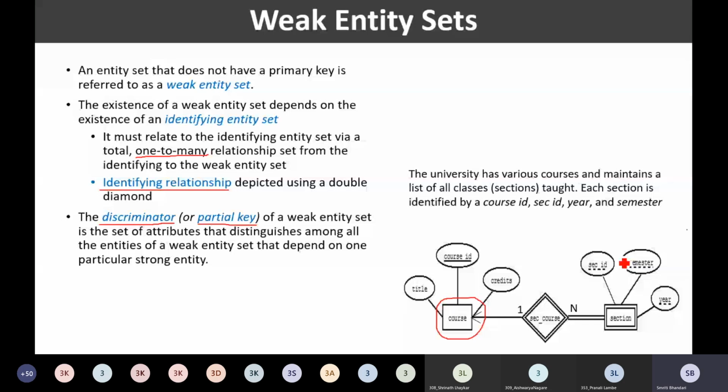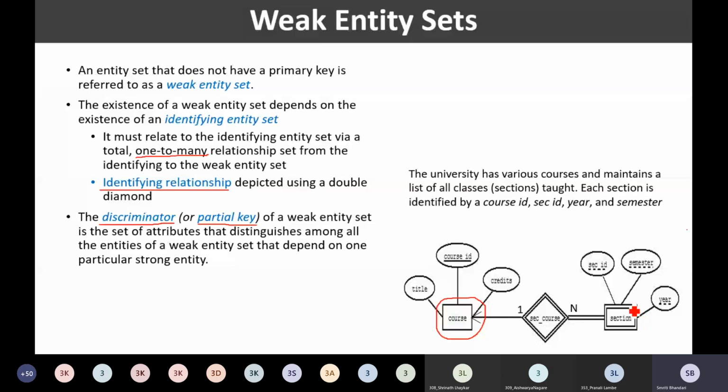So we depict those discriminators or partial keys belonging to my weak entity set with the help of this dashed underline. These are not primary keys, because a weak entity set does not have its own primary key.